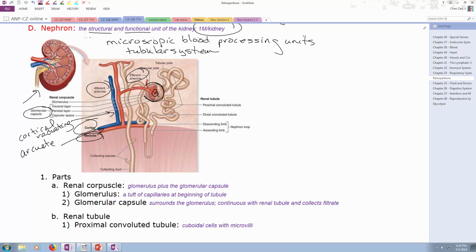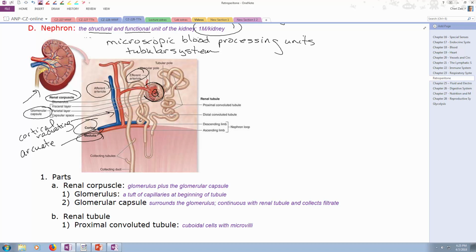This is not urine yet, this is called filtrate. So where we first form filtrate is at the glomerulus and the glomerular capsule. When we talk about the glomerulus and the glomerular capsule together, we will also refer to them as the renal corpuscle. So that's a body. A renal corpuscle is the glomerulus, which is a capillary network, and the glomerular capsule. So fluid, filtration, and collection unit right there.